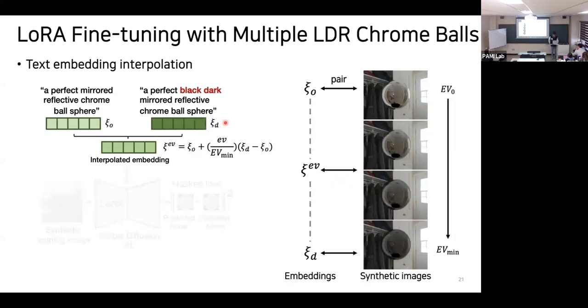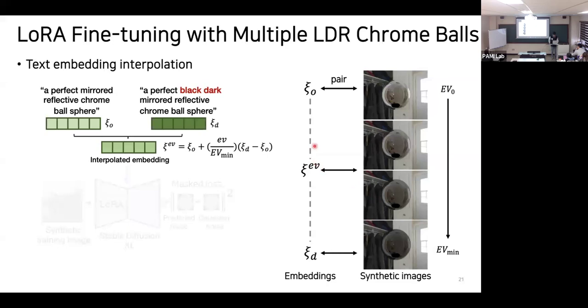To do that, they try to pair these embeddings and these synthetic chrome ball images. They first pair the default embedding with the default chrome ball, and they pair this black dark embedding with the chrome ball with the lowest exposure.